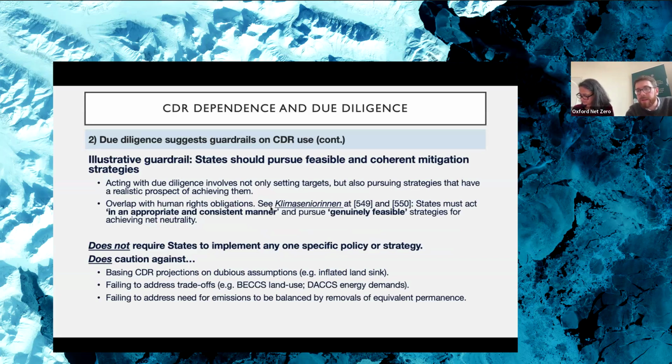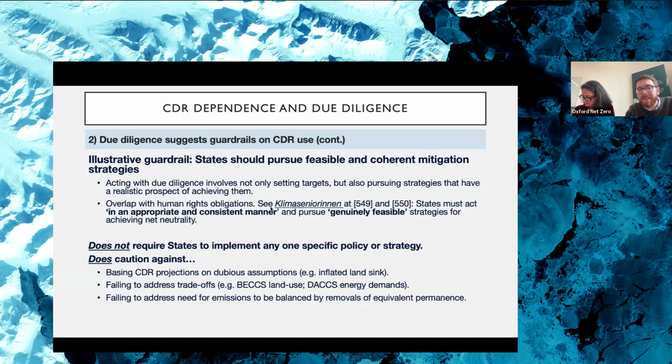So linking back to last week's seminar, for those who were there with Miles Allen, he flagged up the possibility of implementing carbon take-back obligations. The due diligence framework isn't going to tell you whether or not that's something that states should do, as opposed to, for example, public procurement of removals.